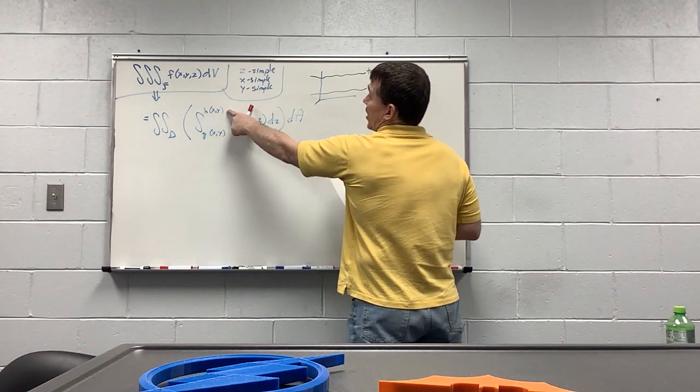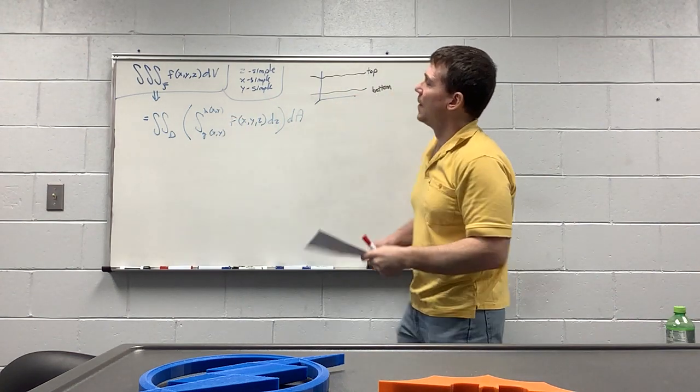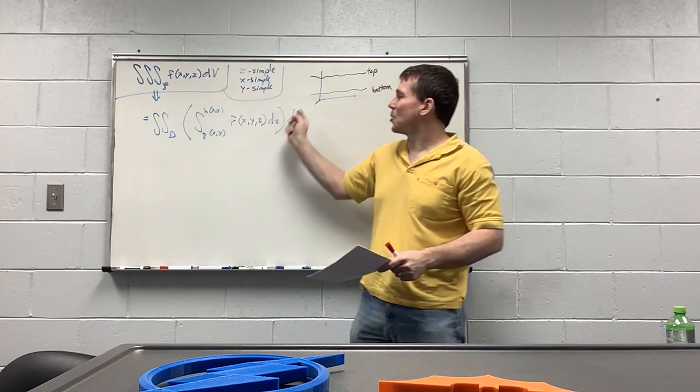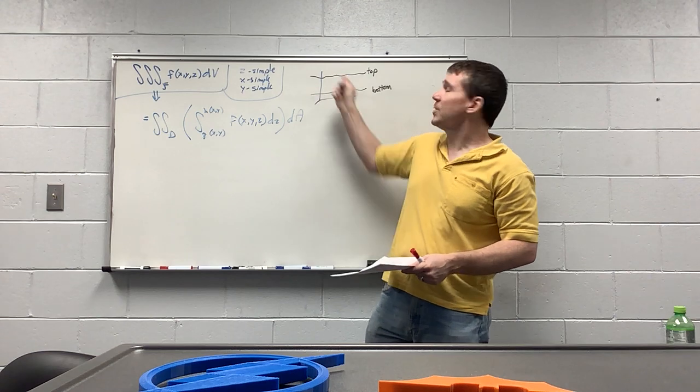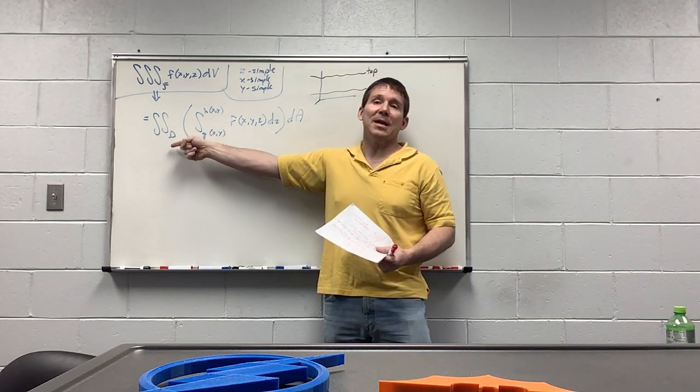Essentially, this is my top, my z sub 1 maybe. This is the bottom, z sub 2. And I'm always entering at the bottom, exiting at the top. So I just integrate my function with respect to z first. But that still leaves me with a double integral on the outside.